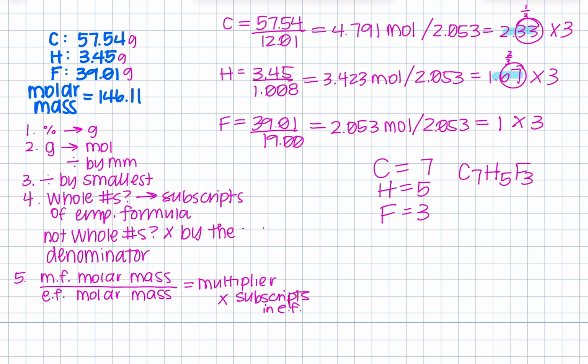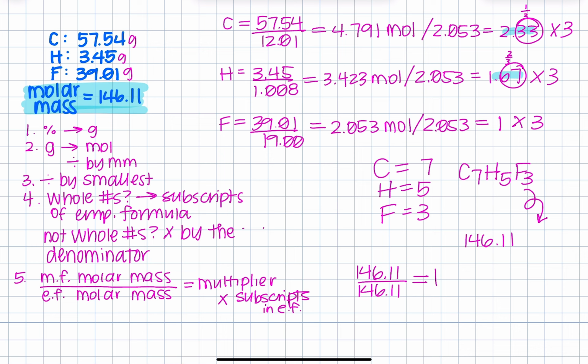Just like in the previous problem, once I find that, I need to figure out what my multiplier is so that I can find my molecular formula. So I'm going to calculate the molar mass of C7H5F3. The molar mass of that is 146.11. We do 146.11 divided by 146.11.